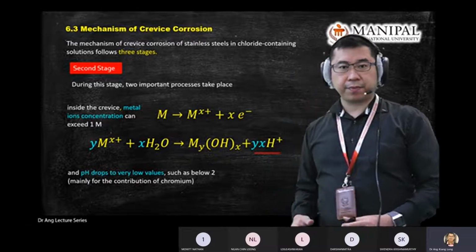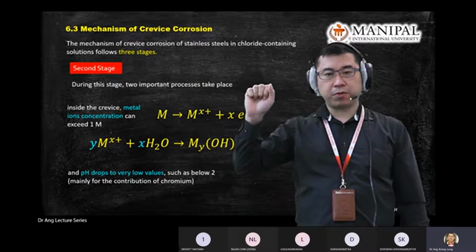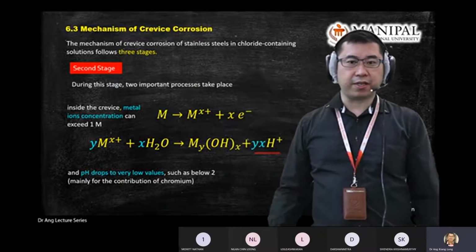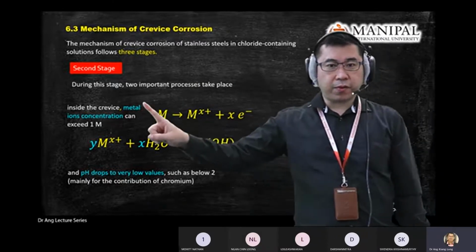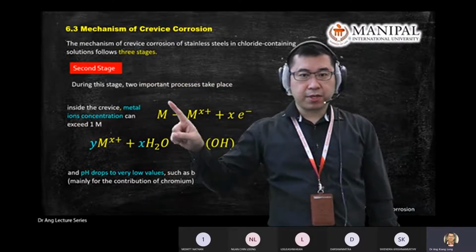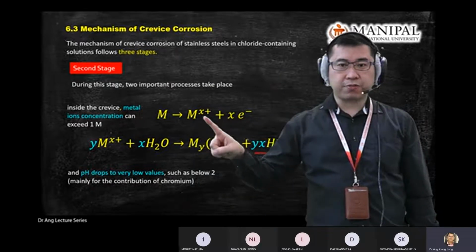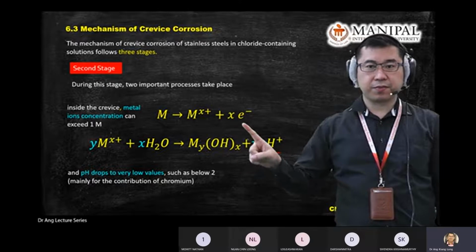Now, during the second stage, we know that all the oxygen was consumed, so no more oxygen is involved in the second stage. So what will happen in the second stage? What happened to the metals? The metal will split itself into positive charge and negative charge.